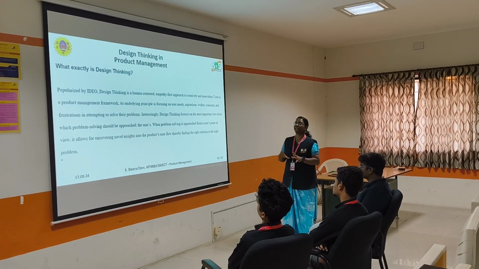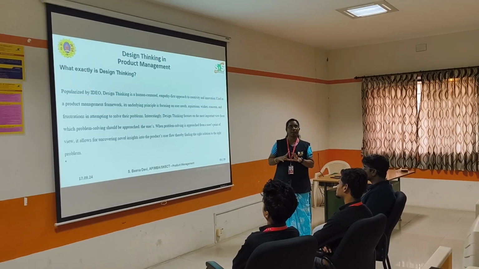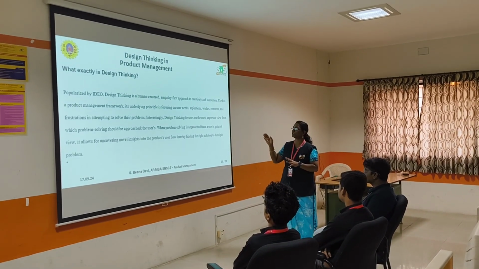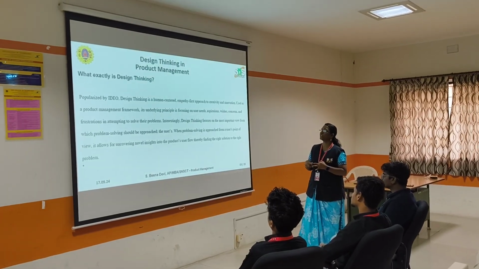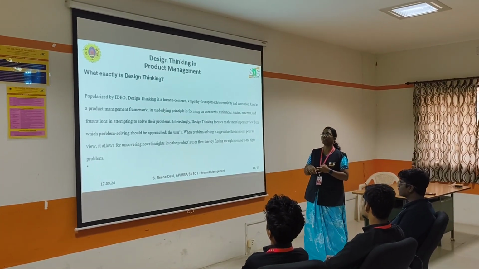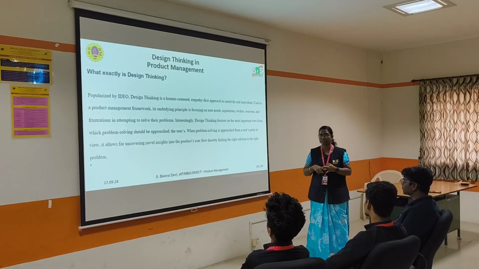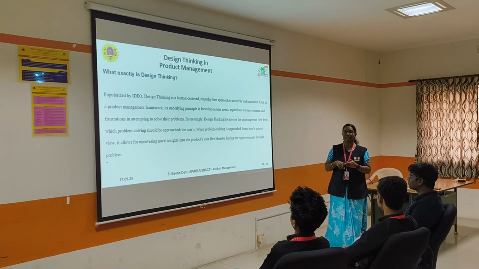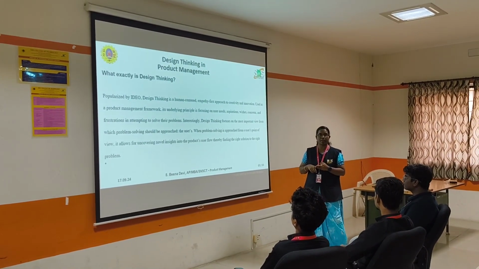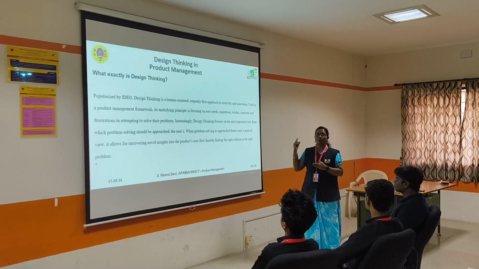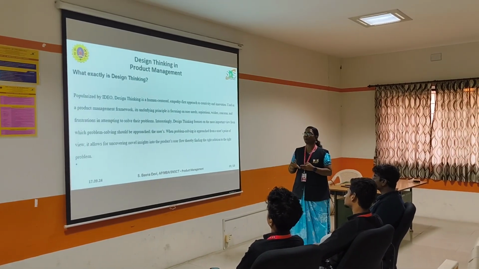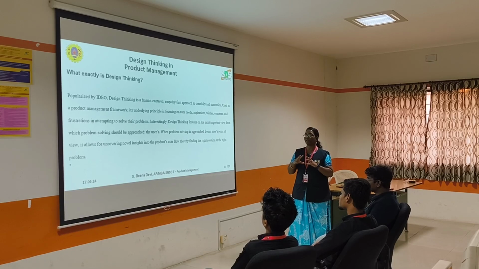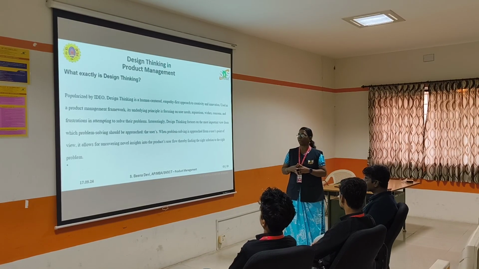So what exactly is design thinking all about? It always focuses on the needs, aspirations, wishes, concerns and frustrations, and attempts to solve the problems. We have gone through several examples where design thinking is implemented in lots of industries. The first one is identifying the problems. That is why design thinking plays an important role in product management.